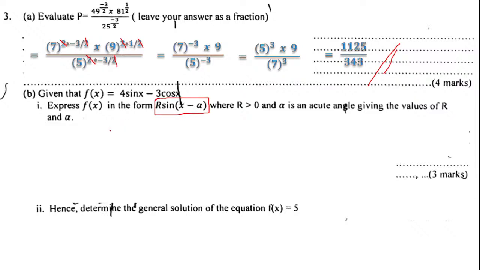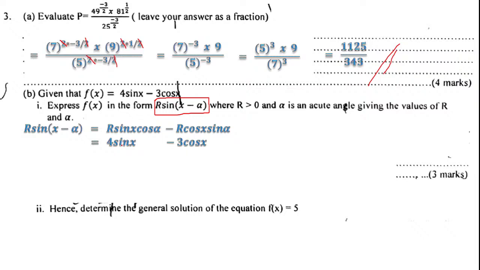We'll expand it. So expanding this, r sine x minus alpha will be equal to r sine x cos alpha minus r cos x sine alpha. Now we compare the terms on both sides. This is the same as 4 sine x minus 3 cos x, right?